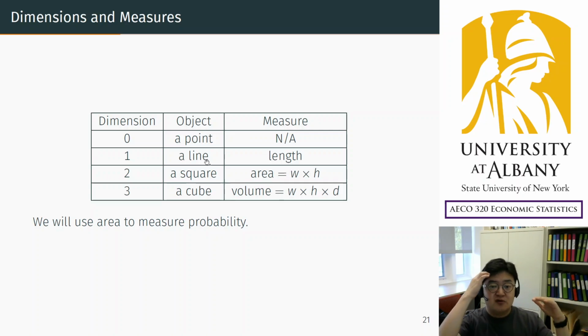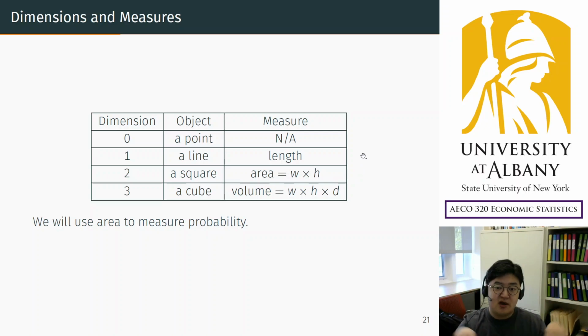Now, if you collect an infinite number of lines, then it becomes a square, right? A two-dimensional plane, I would say. And then you measure the size of a square using area. The area is width times height.